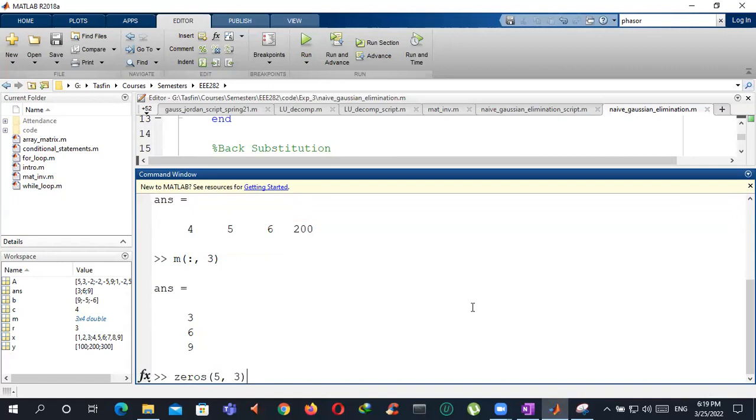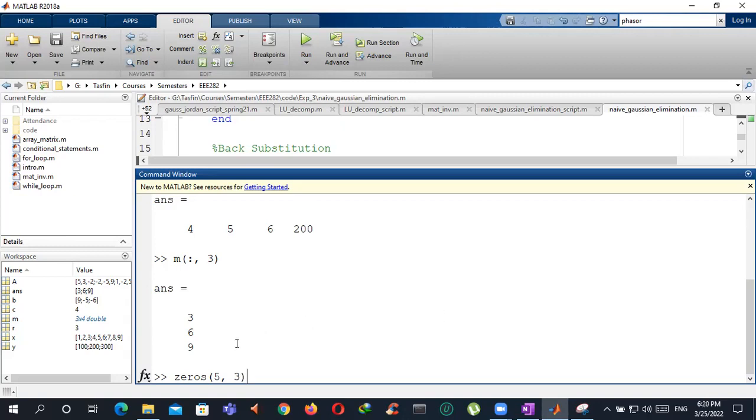Whenever we initialize any variable, we generally initialize it with 0, right? Whenever we write code in C or any programming language and we need to initialize any variable, it is a very common practice that we initialize the variable by 0. That's why we use this zeros function.